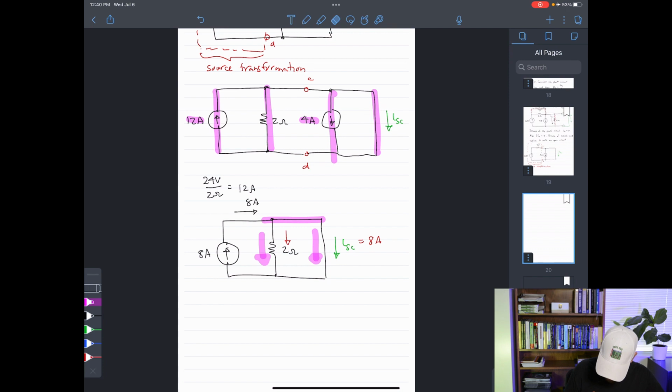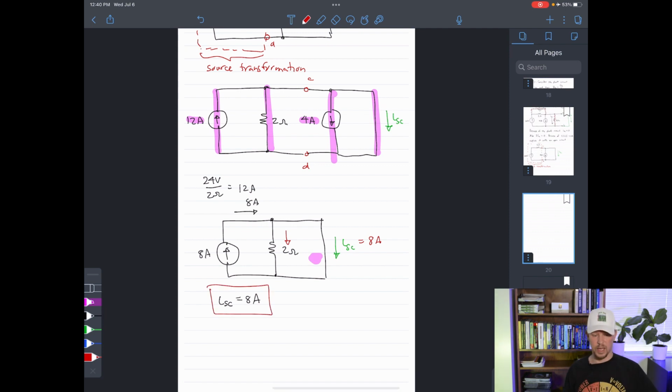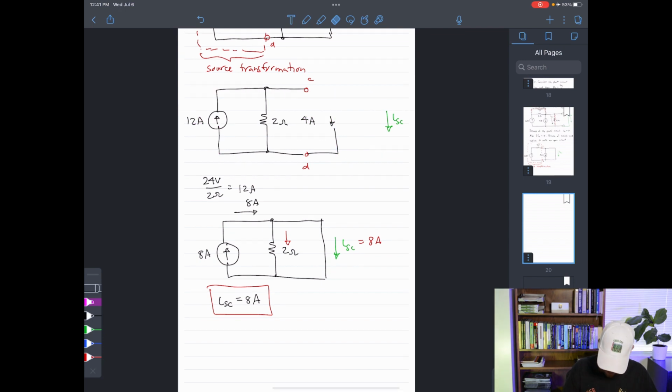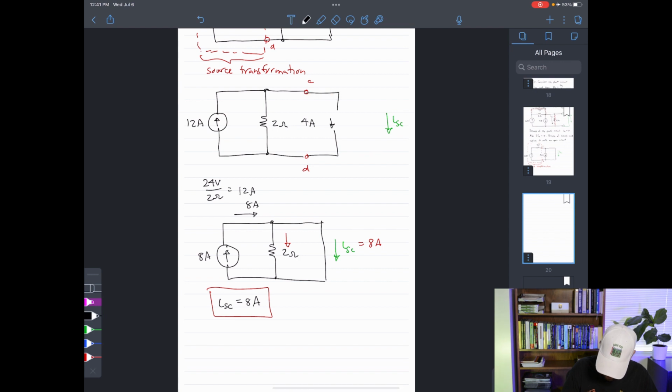So without any more analysis, I know that my short circuit current is now 8 amps. This is important. Let's box that. And if you use any other technique of circuit analysis to find that short circuit current, you will find exactly the same thing that I'm saying now.